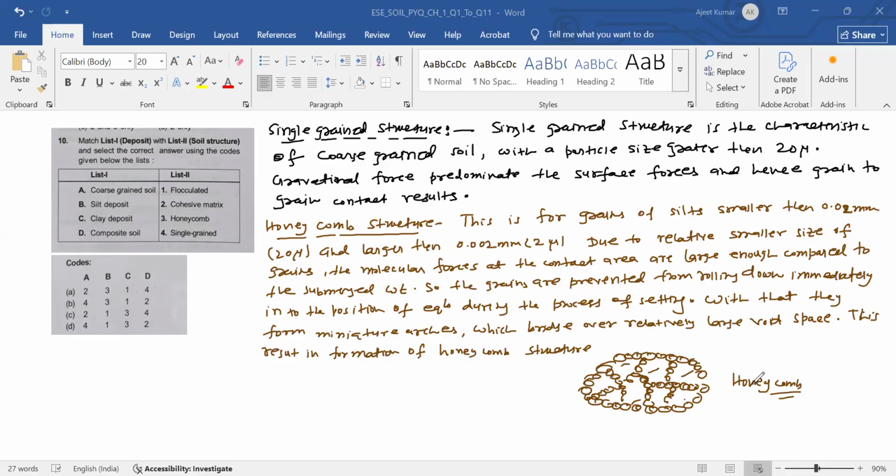Okay, so the next is flocculated structure. So what is flocculated structure?